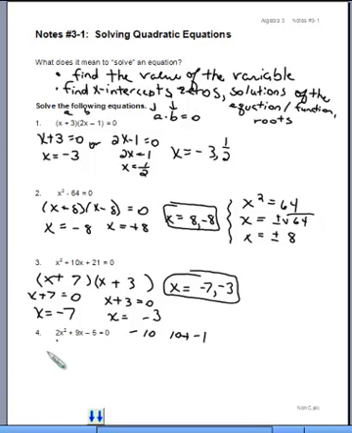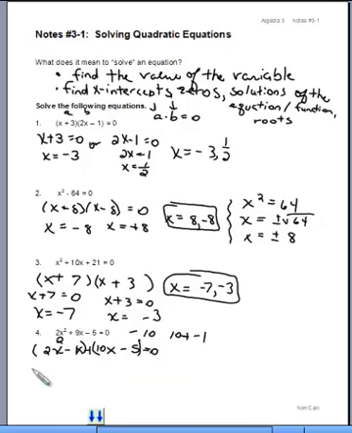So now we're going to split our middle term: 2x squared minus 1x plus 10x minus 5 equals 0. Use your grouping strategy.